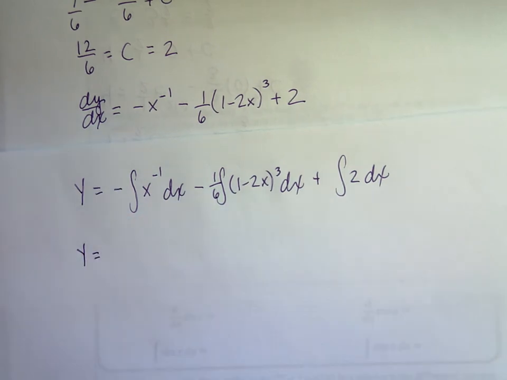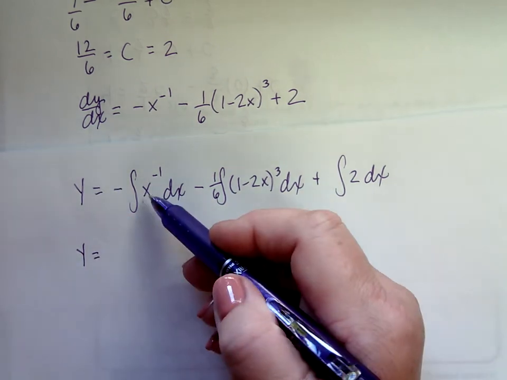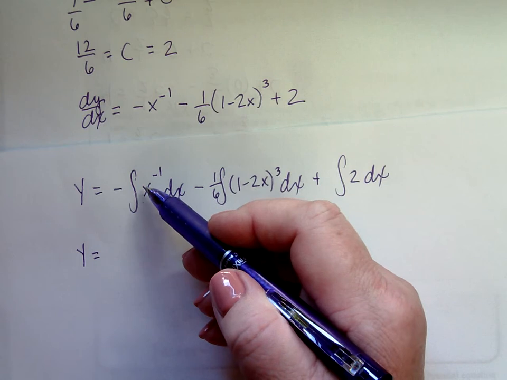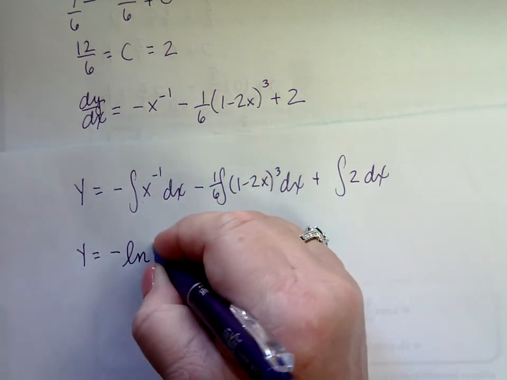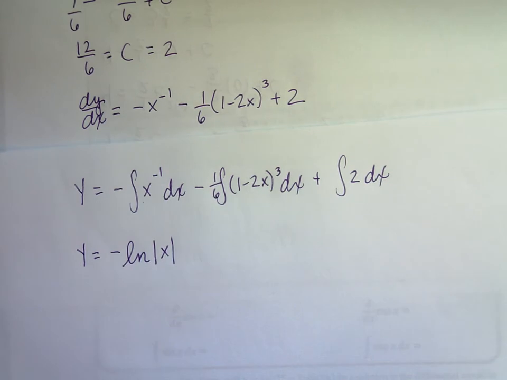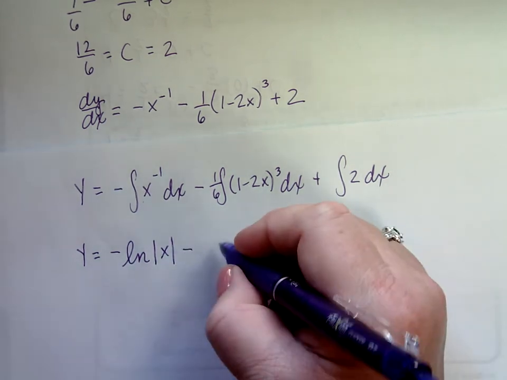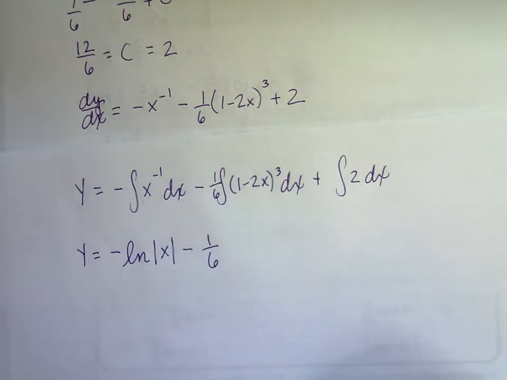Well, what's the integral of 1 over x? The integral of 1 over x is the ln. So negative ln of x, we usually keep that with absolute values, minus 1/6 the integral of 1 minus 2x cubed.